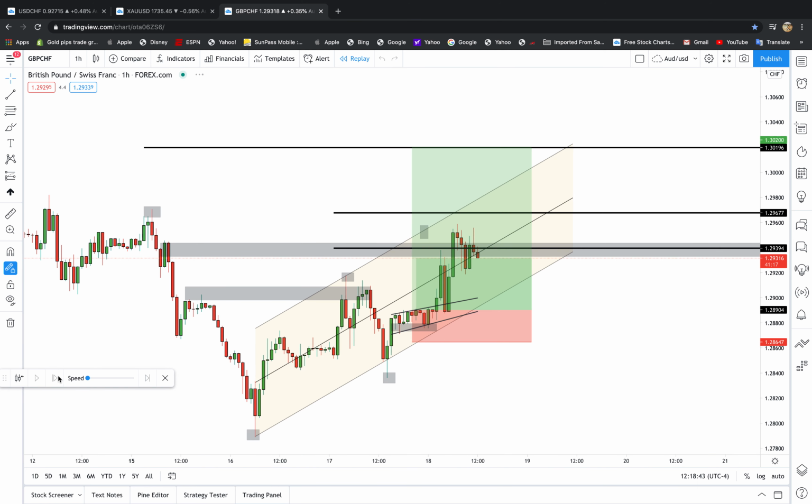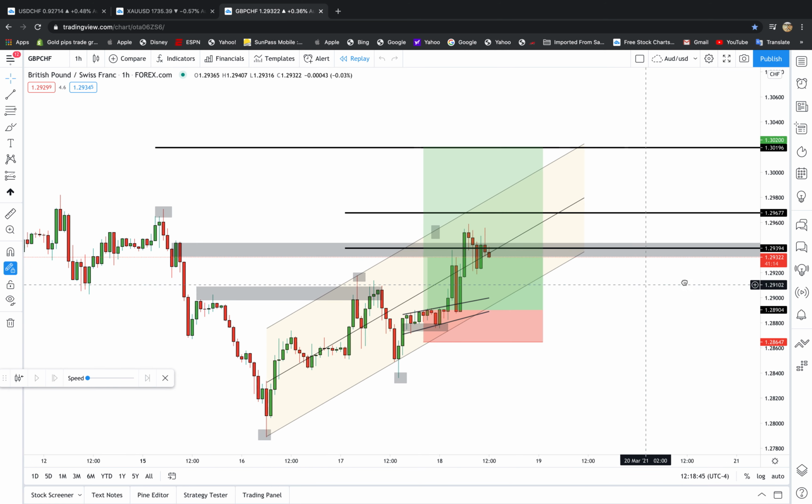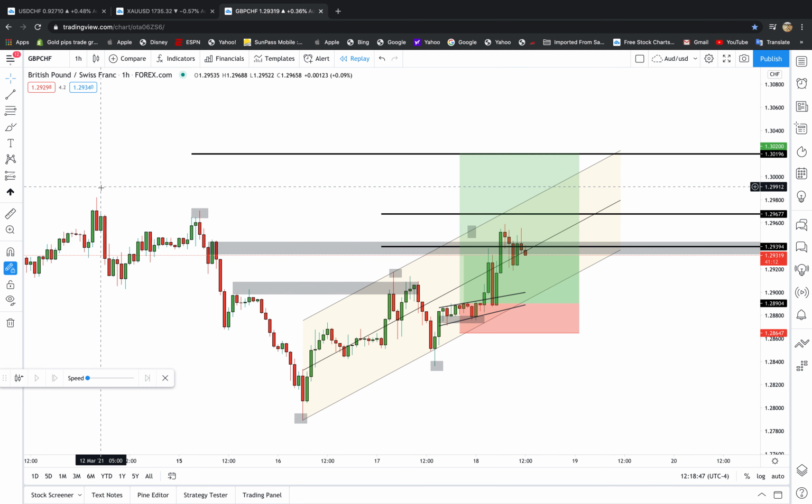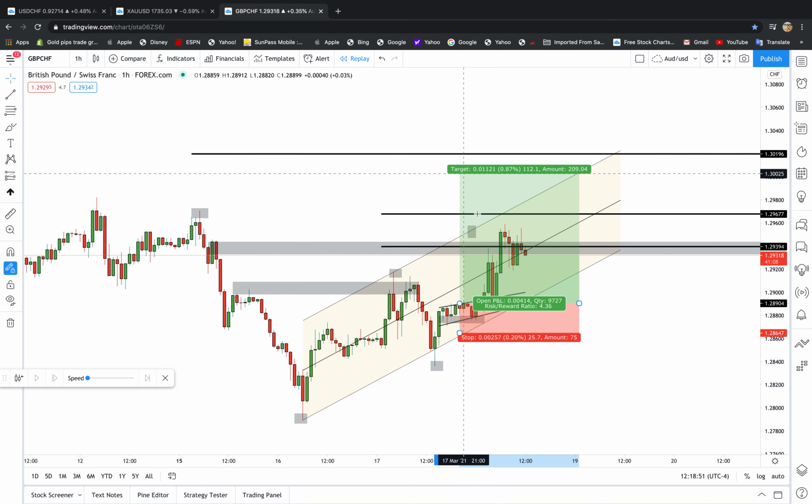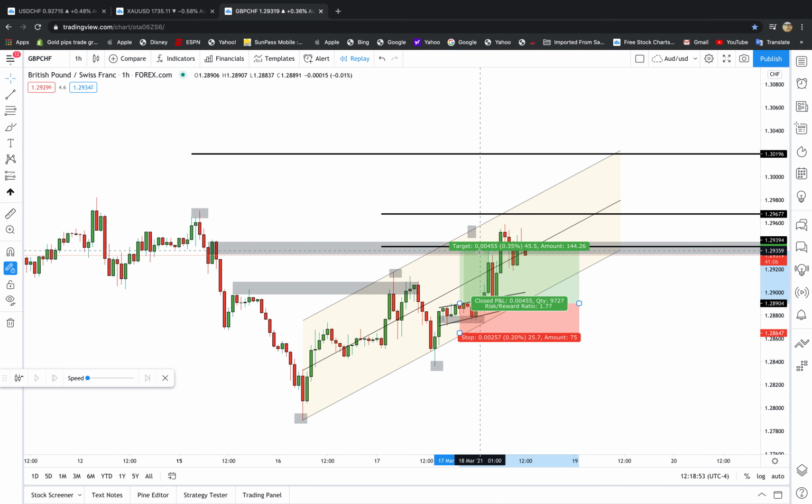And here we are right now. So that's where we are right now. The trade, we closed at about 40 pips. So we closed right about here. First take profit got hit.